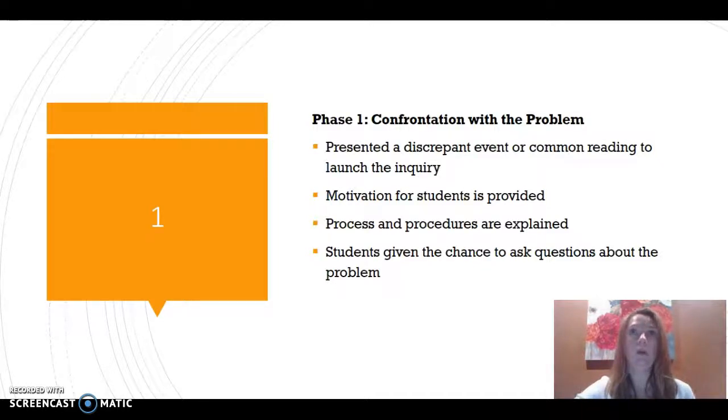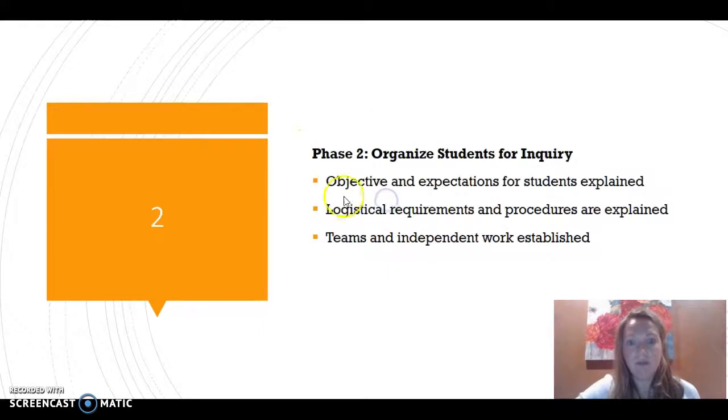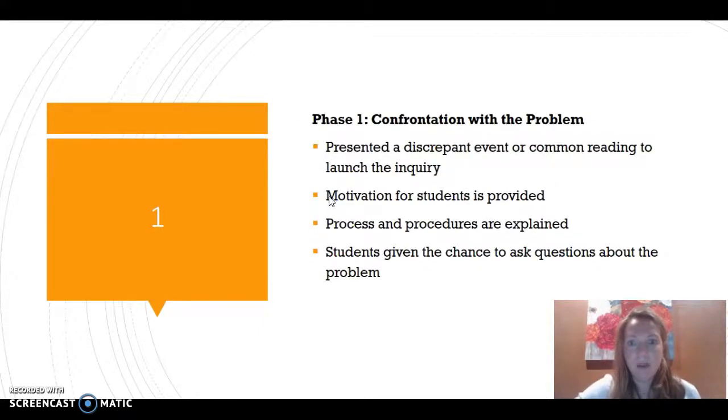Maybe you are showing them the problem in their community or at the school or globally, whatever it is. Maybe in English class you do a common reading, you've just read a novel and you talk about one of the major themes of the novel, what you're doing to launch the inquiry that is motivating for students. So how are you helping them connect to this conceptually?